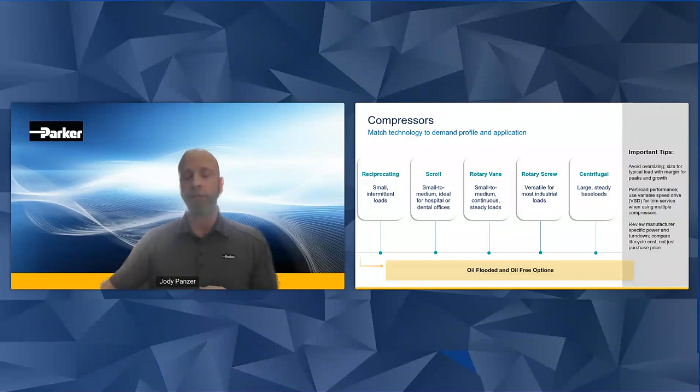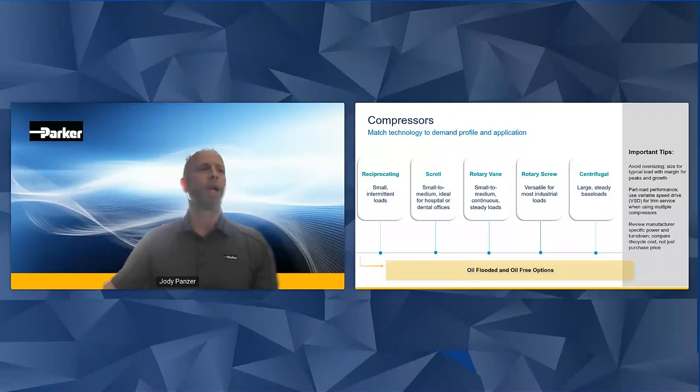Those come in oil-free, oil-flooded, single-stage, and two-stage machines, ranging from 5 to 1,000 horsepower. Very efficient compressors. Then if we need a compressor exceeding 1,000 horsepower, anywhere from 200 to 300 on up, a centrifugal is the right way to go. Those use high-speed impellers to compress air.